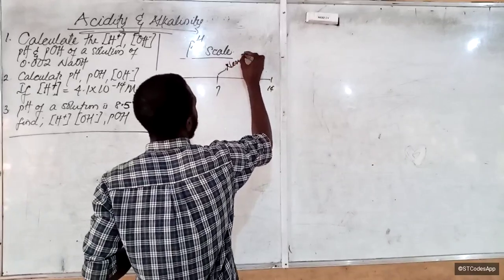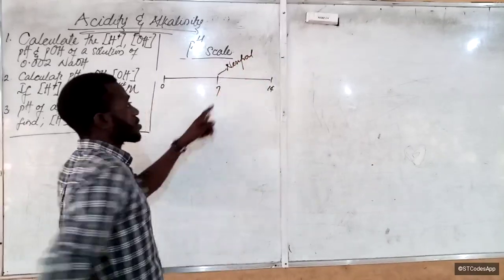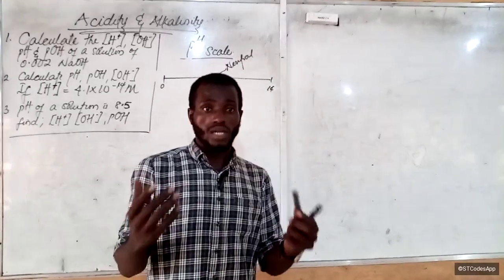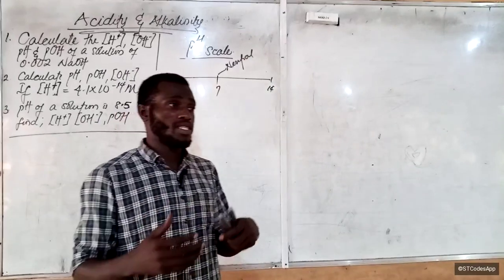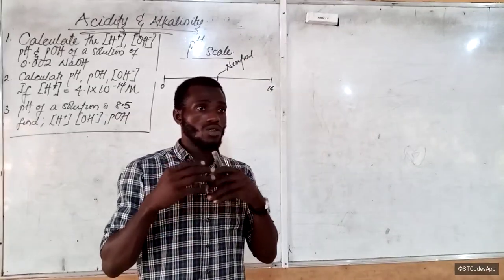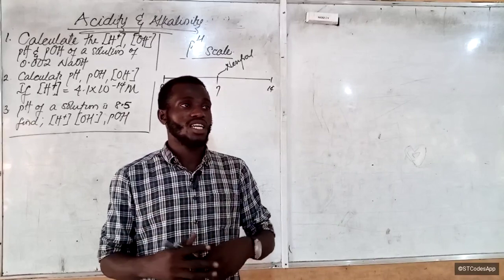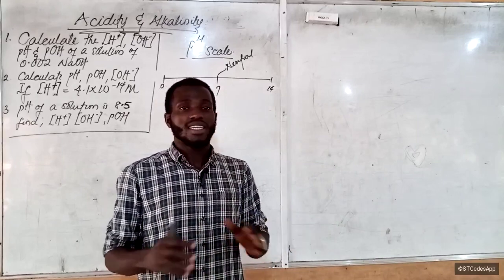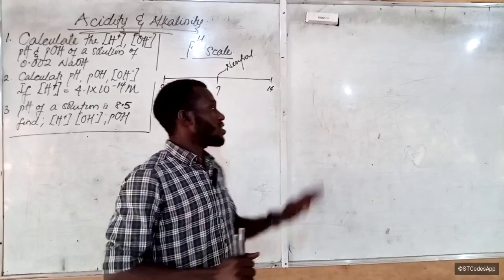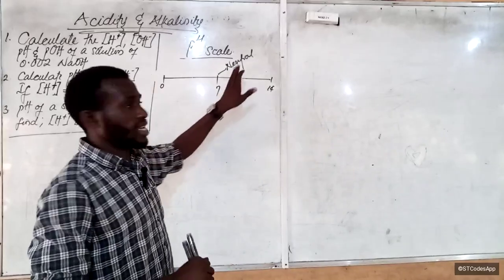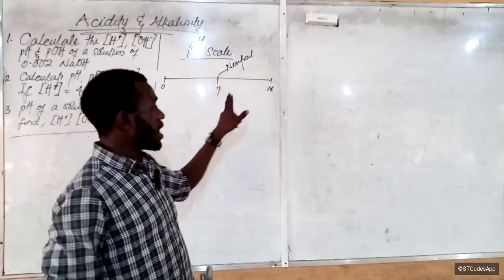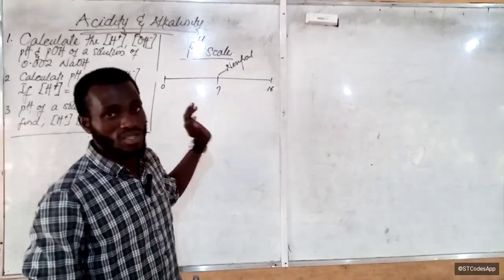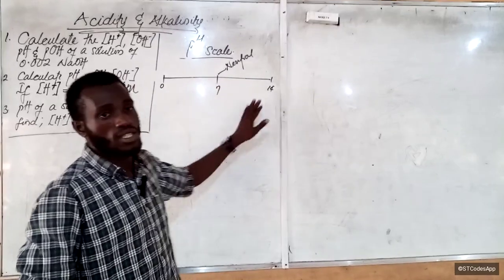And here is where water that is suitable for drinking, or water that is not contaminated, exists, with a pH of 7, neutral pH. It is neither alkaline nor acidic.